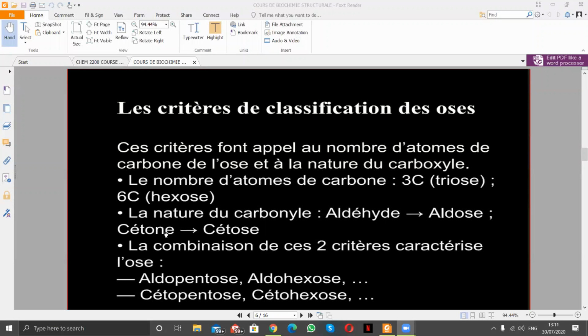For the ketone, in French cétone, we remove this and put the suffix for monosaccharide, and it becomes ketose. Am I clear? Is it clear? Yeah. Okay.